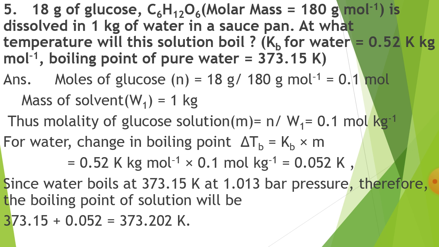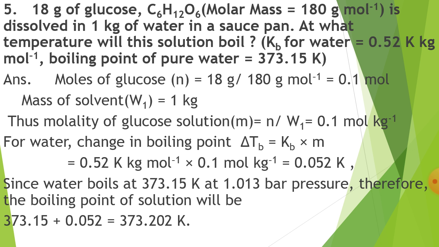Here they are asking for the solution boiling point, that is Tb. Kb for water is given. The boiling point of pure water is also given, 373.15 Kelvin. So first of all we have to find the delta Tb, and then putting the value in delta Tb equal to Tb minus T naught b, we find the Tb.